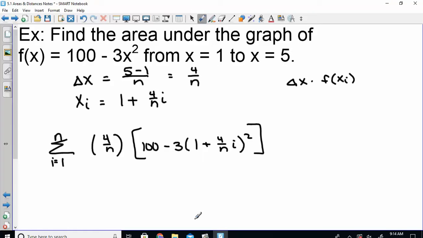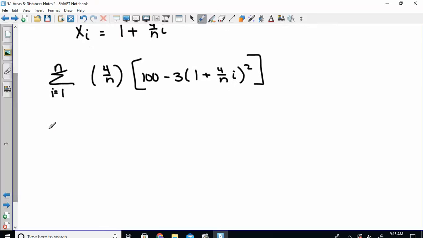This problem is significantly more difficult than any of the ones I'm giving you to do on your own tonight. So it's ugly because the function itself isn't real pretty and we started at 1 instead of 0, which makes it a lot harder. So we have to clean this up as much as we can.